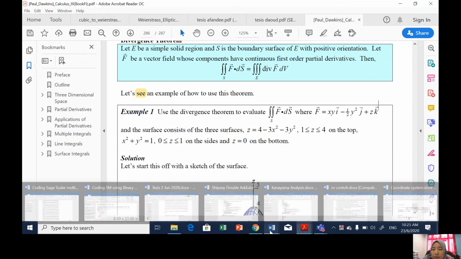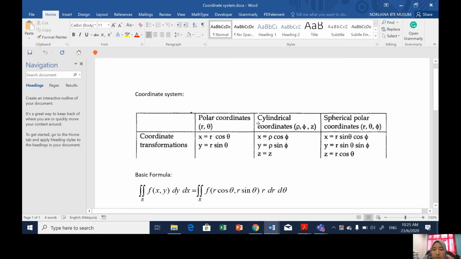If we want to use the cylindrical coordinate system, it is based on x, y, z, where rho refers to our radius: r cos theta, r sin theta, and so on.